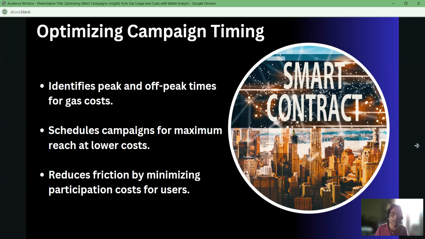See, ultimately, you want your customers to use your Ethereum blockchain application whenever they want to. But unfortunately, the Ethereum blockchain transaction fee varies dynamically based on how many other customers are using the Ethereum blockchain, and you have to pay more transaction fee.